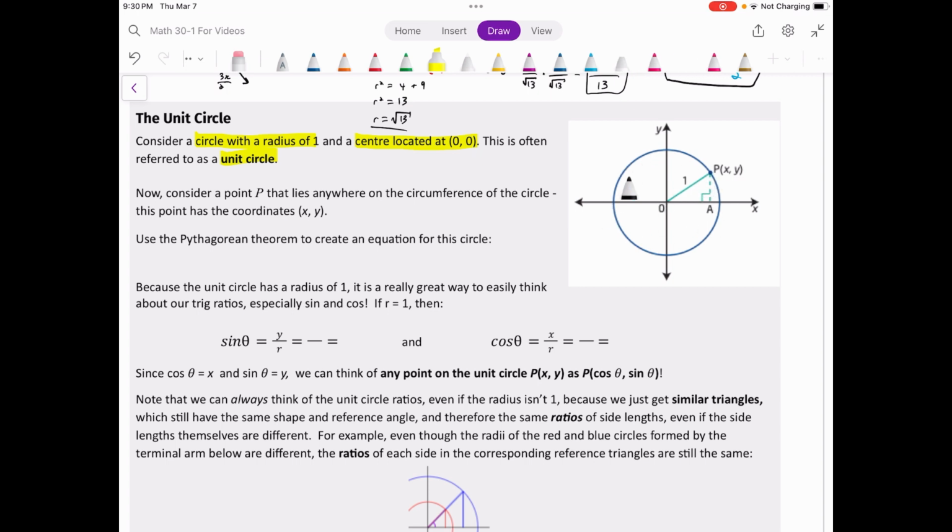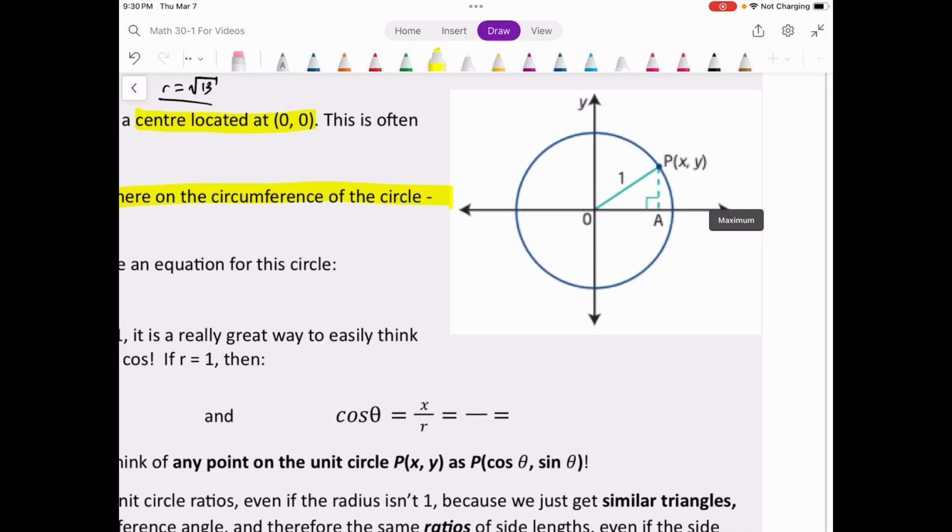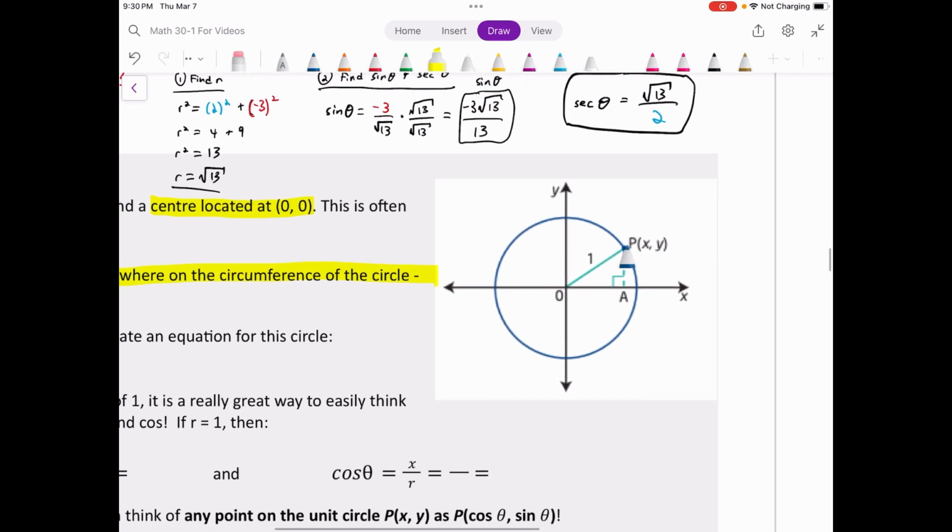You can see how this is applicable to trigonometry. You can imagine rotating around this unit circle. R would be 1, right? R, the radius, is 1. X, Y, triangles, fun stuff. Now, consider a point P that lies anywhere on the circumference of the circle. This point has the coordinates X, Y. So maybe the point is here, or you could imagine a point over here.